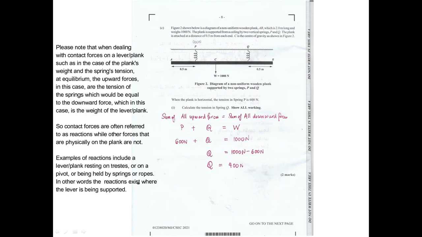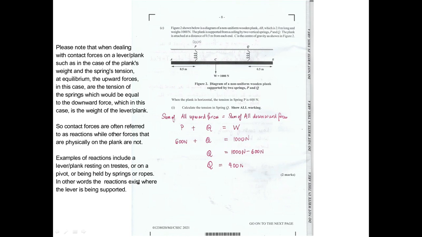Usually we have uniform planks. AB is 2 meters long and weighs 1,000 newtons. The plank is supported from a ceiling by 2 vertical springs, P and Q. The plank is attached at a distance of 0.5 meters from each end. C is the center of gravity as shown in figure 2.